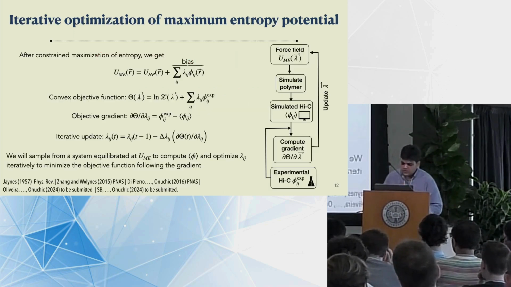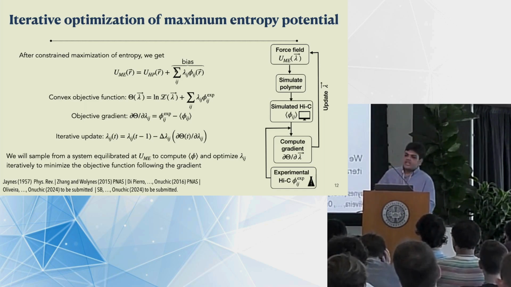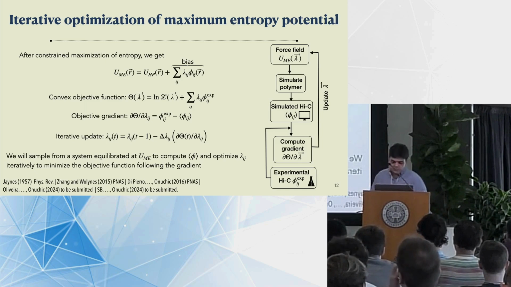Okay, so doing the constrained maximization of entropy, we find that the most generic form of bias potential, without any underlying assumptions about copolymers or anything else, is this kind of form, where there are Lagrange multipliers added to these contact probabilities.